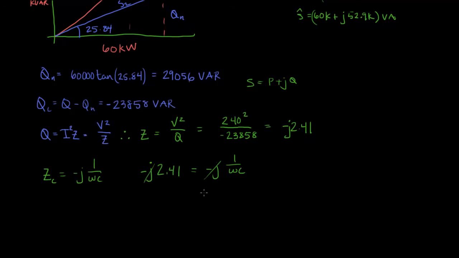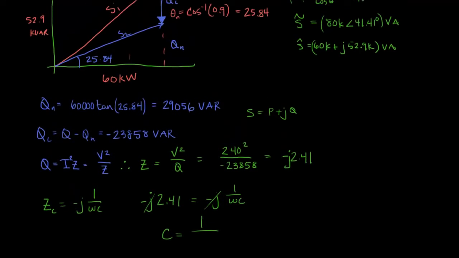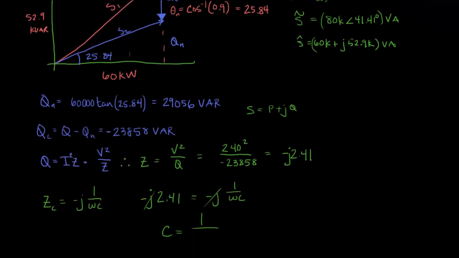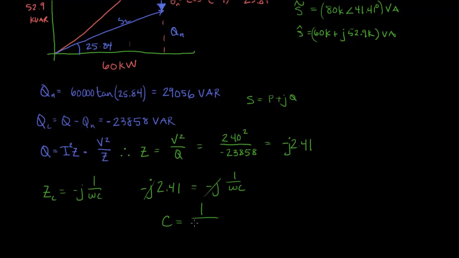If you divided them out, you just get positive 1. And switch this around here, and I'll get C equals 1 over omega times 2.41. Remember, our circuit here is a 60 hertz signal, and the frequency of 60 hertz is 377 times 2.41.